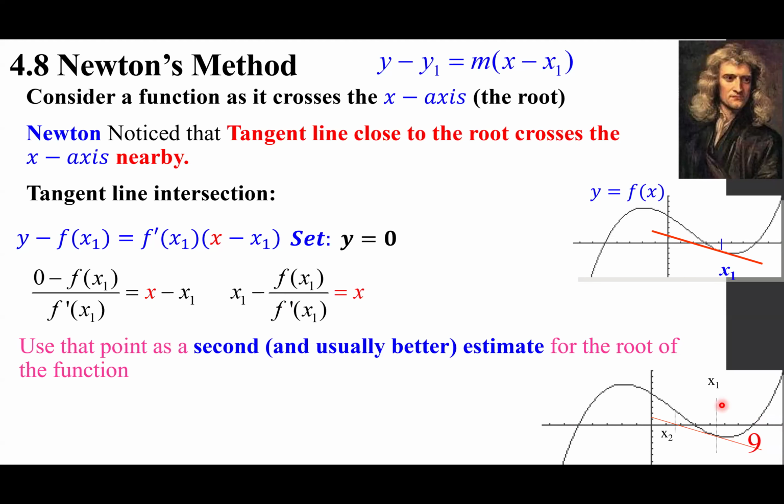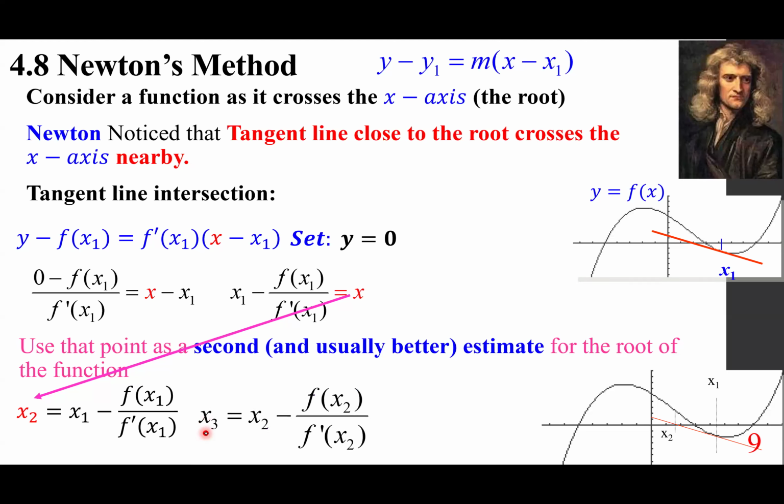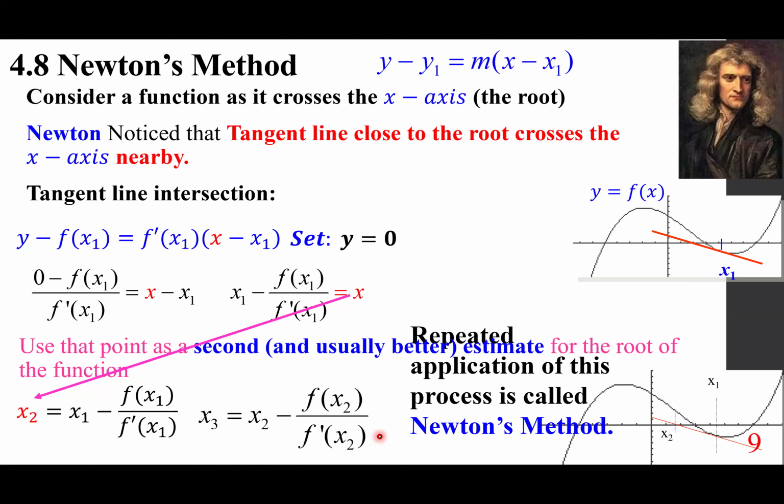So this was x sub 1. We draw a tangent line, and this is x sub 2. You draw a tangent line here, and it becomes even closer. That's the idea. So this becomes your new point. x sub 2 is x sub 1 minus f of x sub 1 over f prime of x sub 1. x sub 3 would be x sub 2 minus f of x sub 2 over f prime of x sub 2.